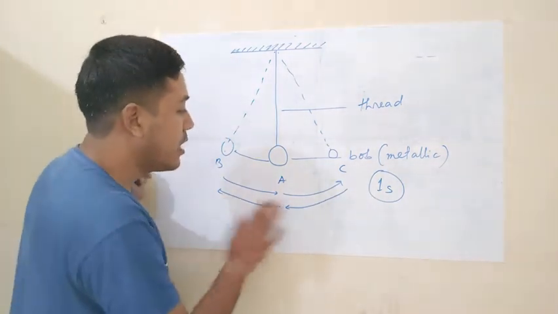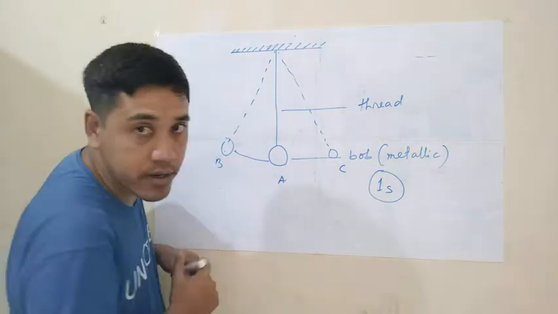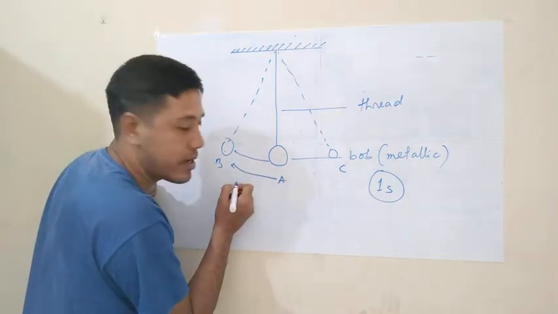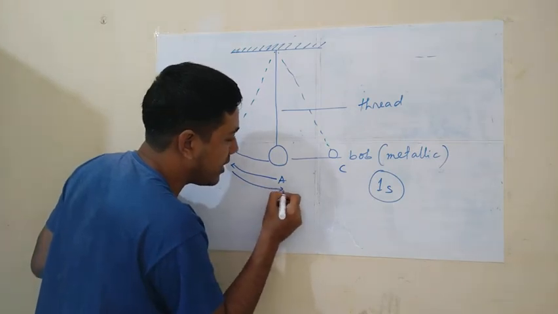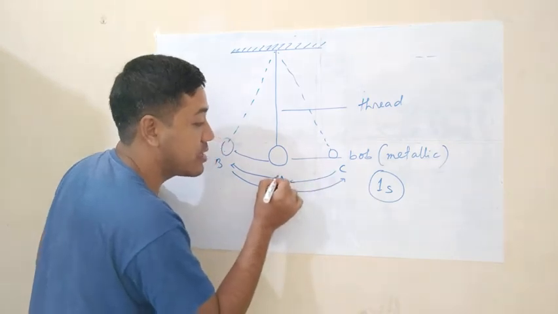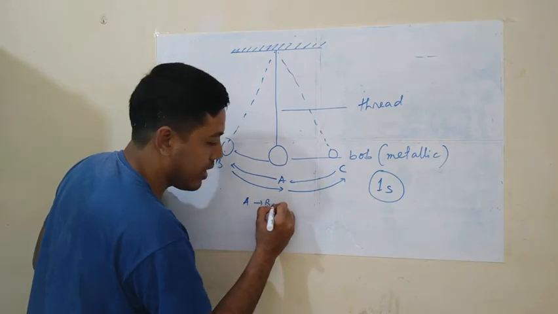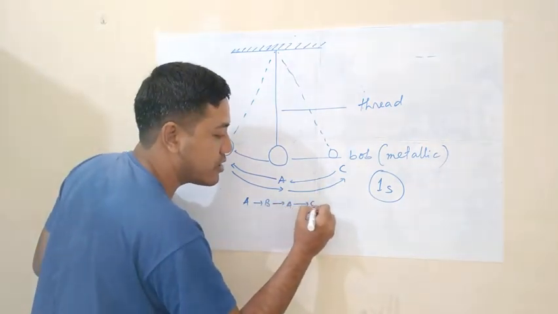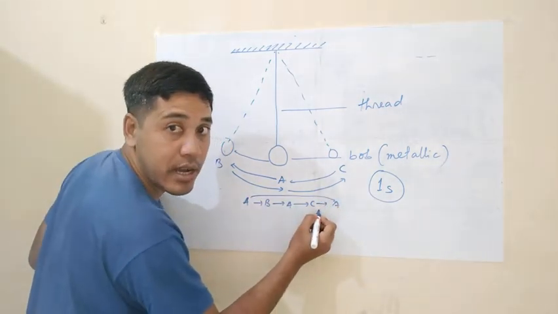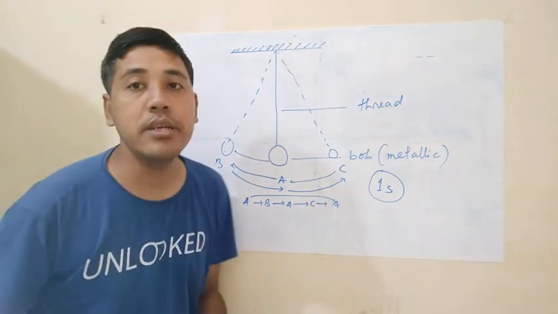Or we can say that if we start pulling the simple pendulum from the mean position A to B, then from B to A, then to C, and then come back to A, that means one complete oscillation is going from A to B, B to A, then A to C, then C to A. After covering B and C, this complete oscillation is known as 1 second.